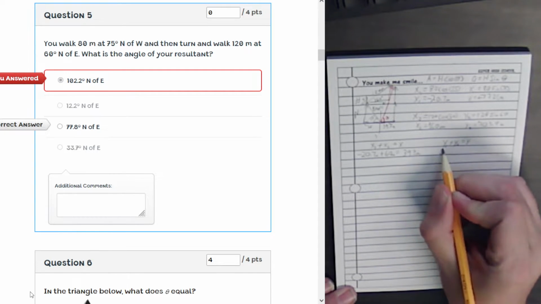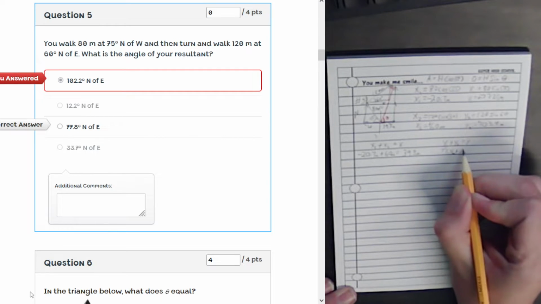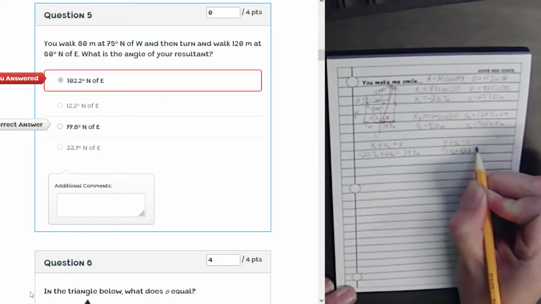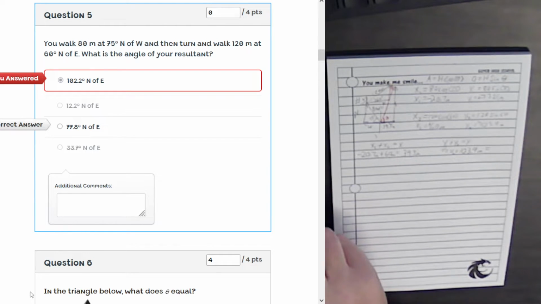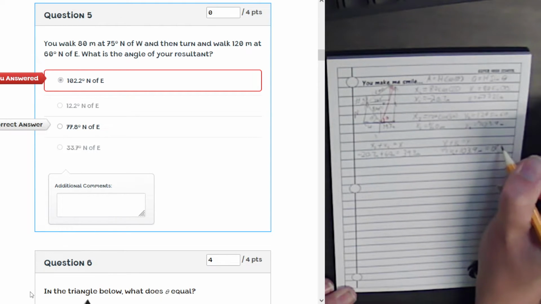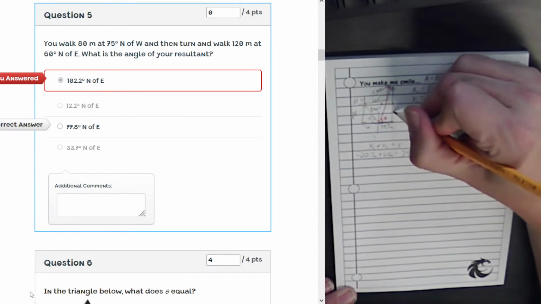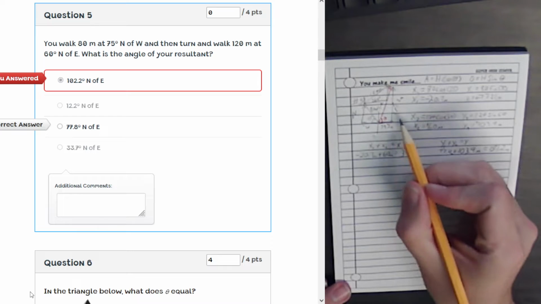Then I'll do 77.21 meters plus 103.9 meters, this one plus this one. That's essentially 181.2 meters, and that's this side, 181.2 meters.